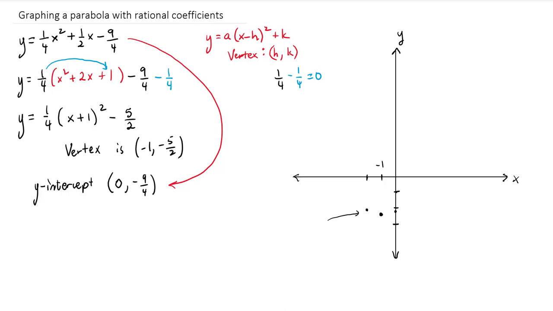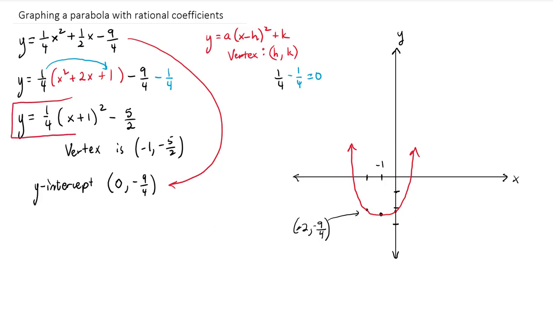That point is just simply -2, and it is what? -9/4. Let's play connect the dots. And we have a rough sketch of our parabola. There you go.